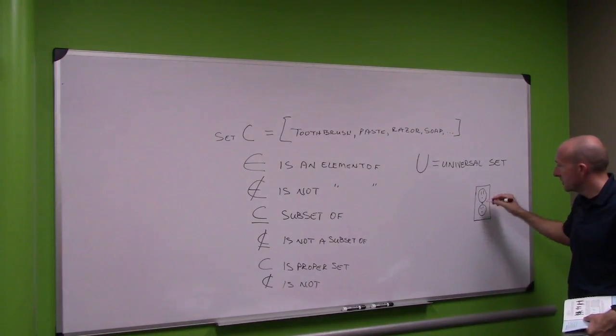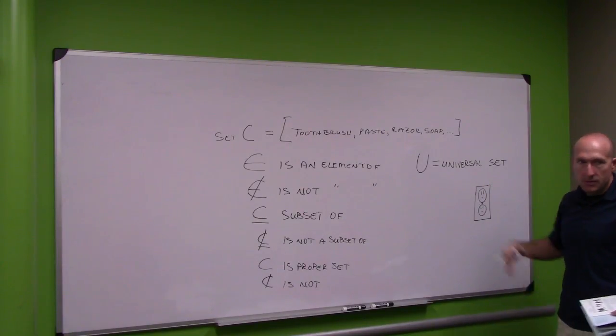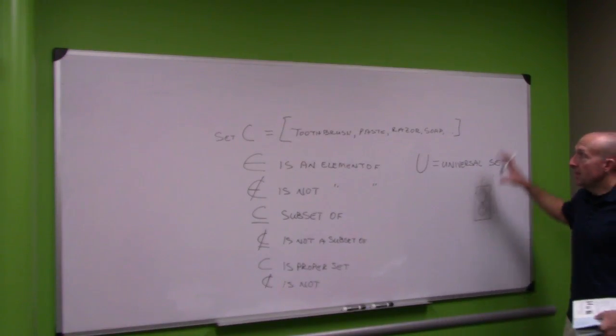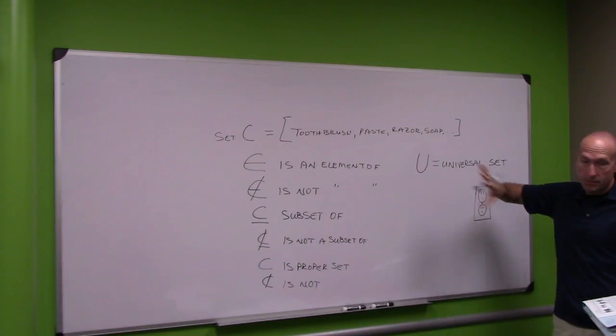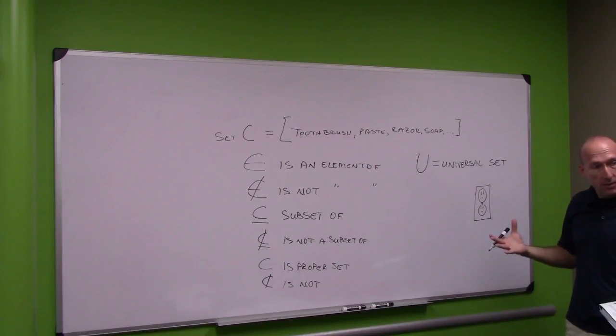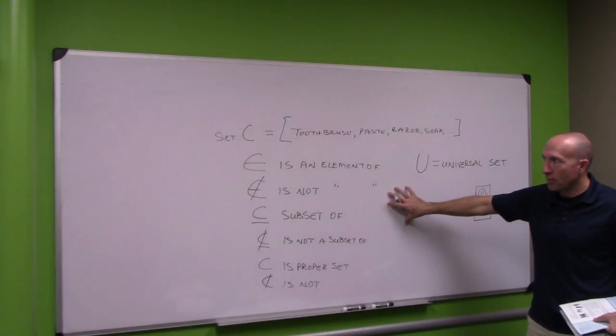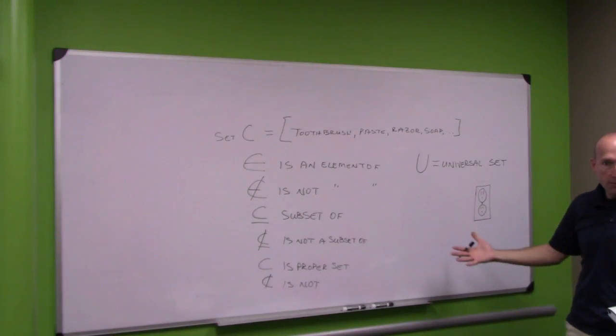Okay, so here we have this plug that is part of the wall, and then we have this dry erase board that is part of the wall. And this wall is the universal set. Now what's interesting is this plug has elements to it that this dry erase board does not have, and vice versa. Does that make sense?